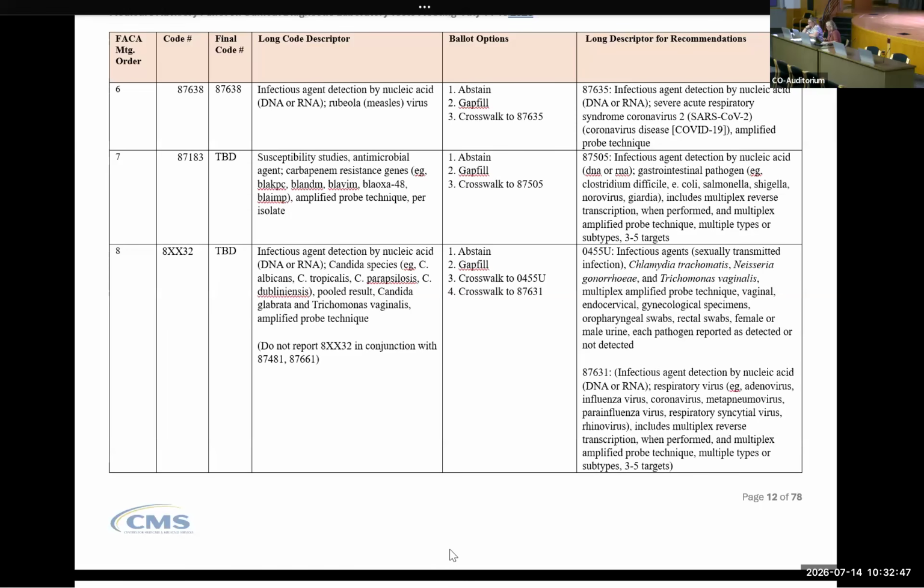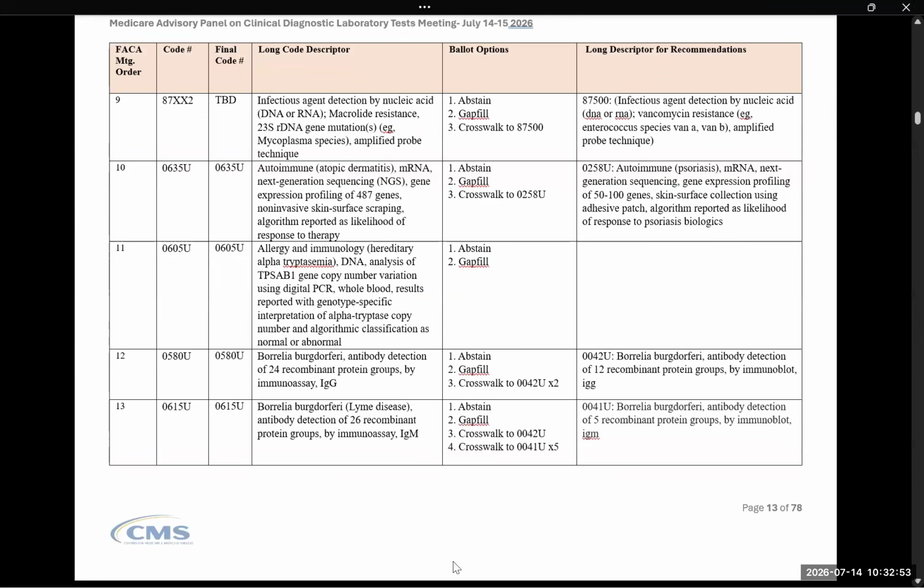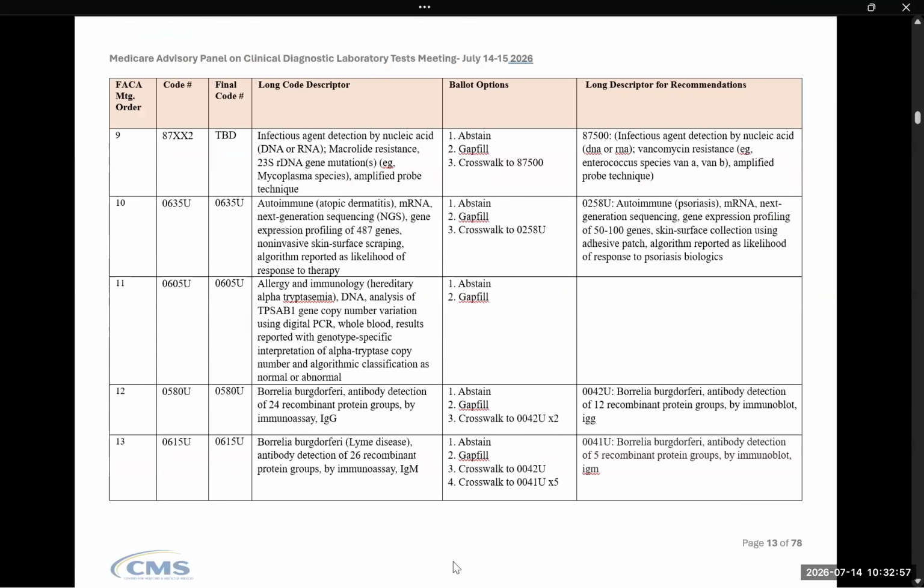All right. All the votes are in. Thank you. So next up, we have 87XX2, a single target PCR assay for macrolide resistance. We did not have any recommendation from a sponsor.